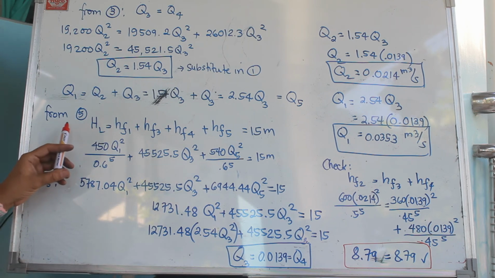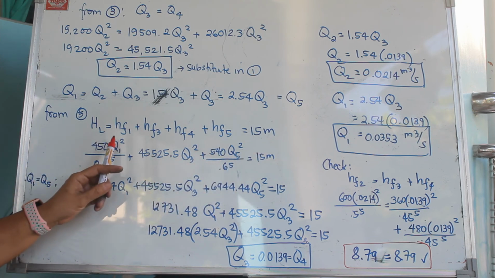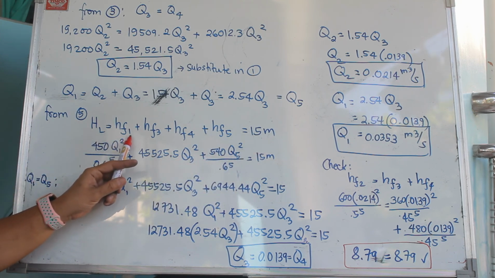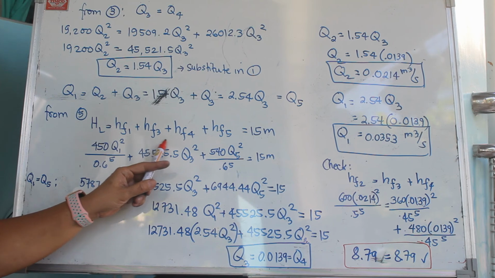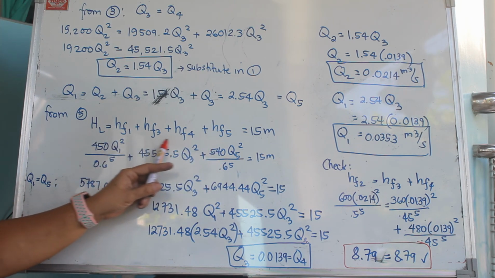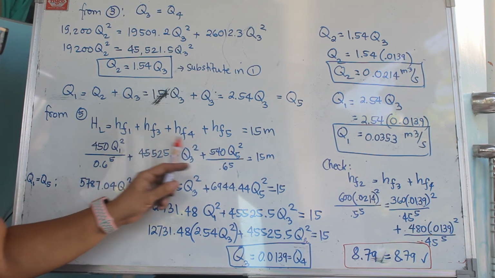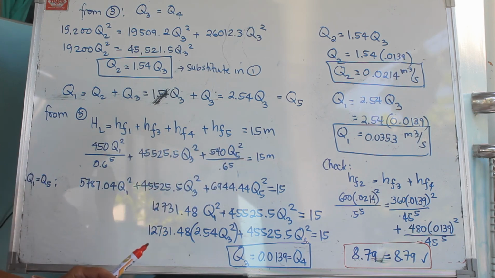Now, from equation 5, the relationship of the head losses: the total head loss of 15 is equal to the loss at pipe 1 plus HF3, HF4, and HF5. Pipes 1, 3, 4, and 5 are in series, so the losses are added, equal to 15.